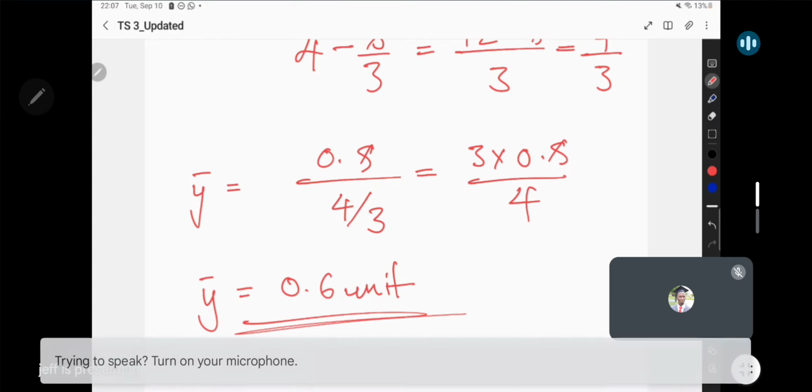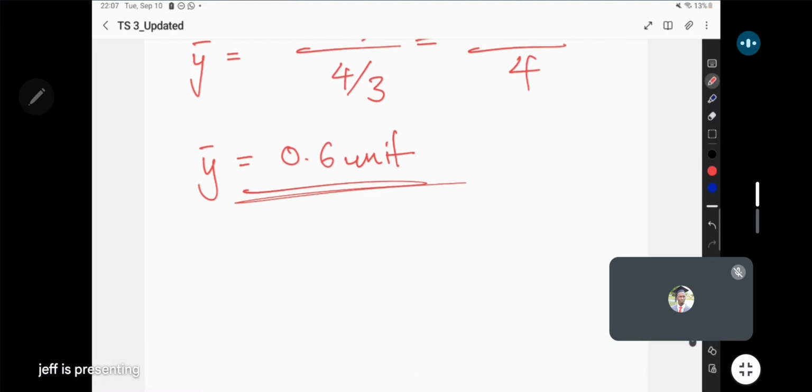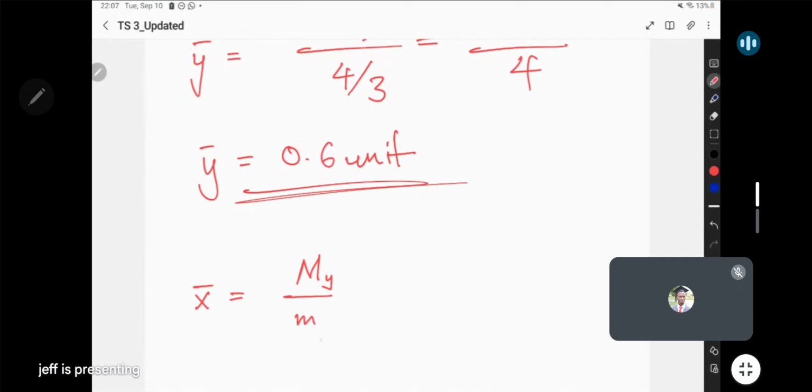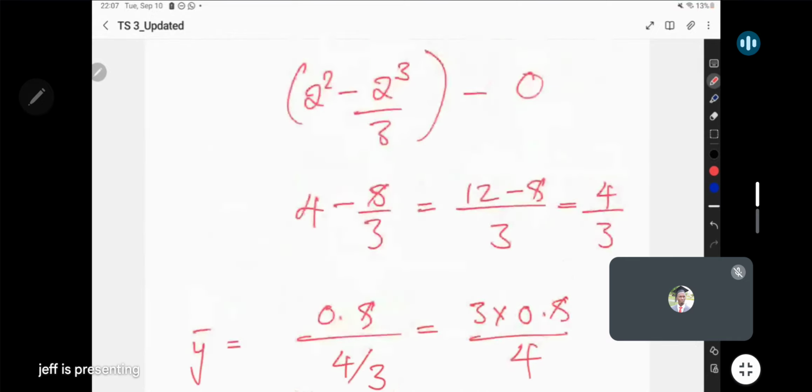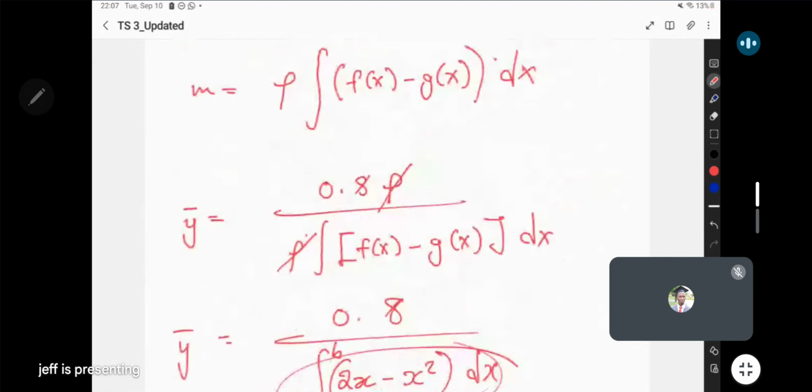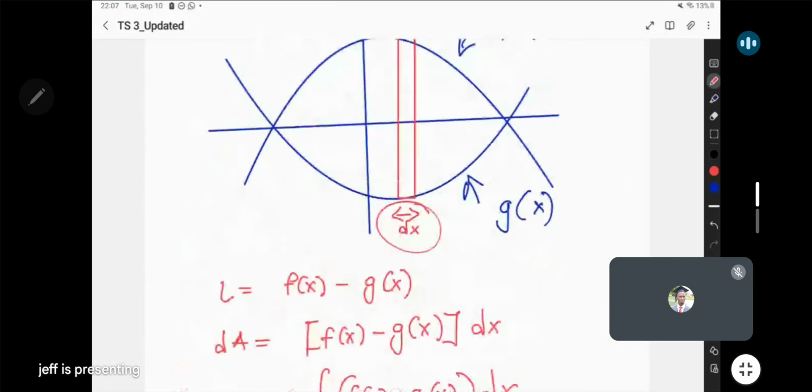So in the same way that we approached this one, you're now supposed to do the same thing to find x bar. To find x bar, we said that you need the moment about the y over the same m. The m is the same that we got in the earlier approach. So it will still be the same expression.